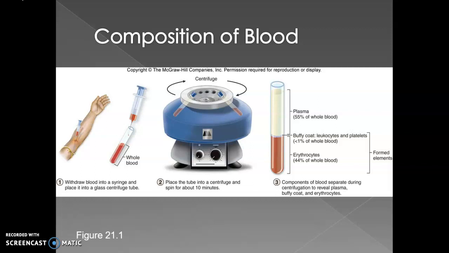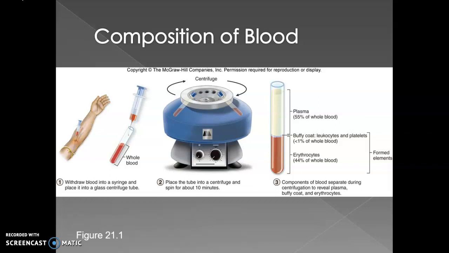If you look at blood, about 55% of the whole blood is plasma, and about 44% of blood volume is erythrocytes or red blood cells. We have about 1% of leukocytes and platelets. So these are the three basic components of blood. You have erythrocytes, plasma, and then leukocytes and platelets making up the buffy coat.